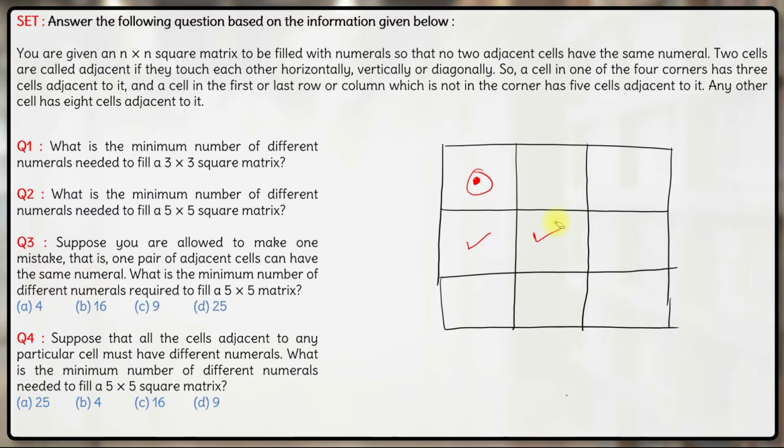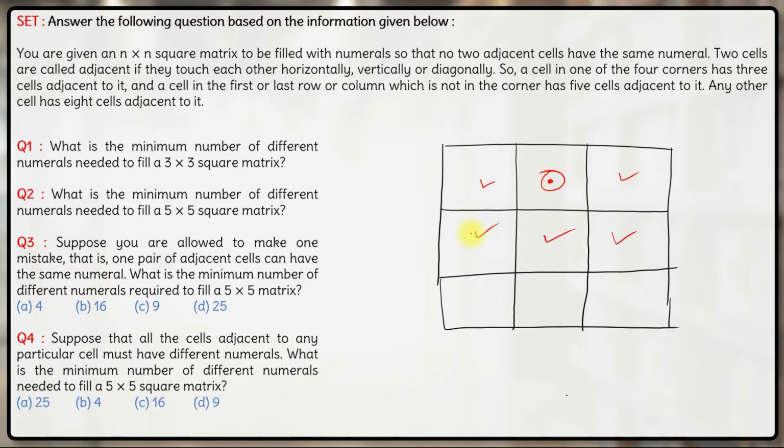Fine. What about the middle cell here? All the remaining cells, these 8 cells, are adjacent to the center cell. What about the cell on the edge? Horizontally these two, vertically this one, and diagonally these two.